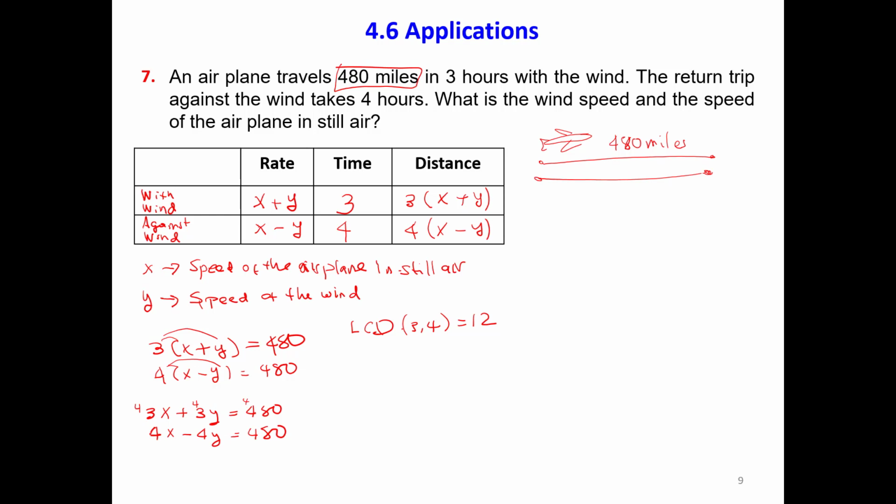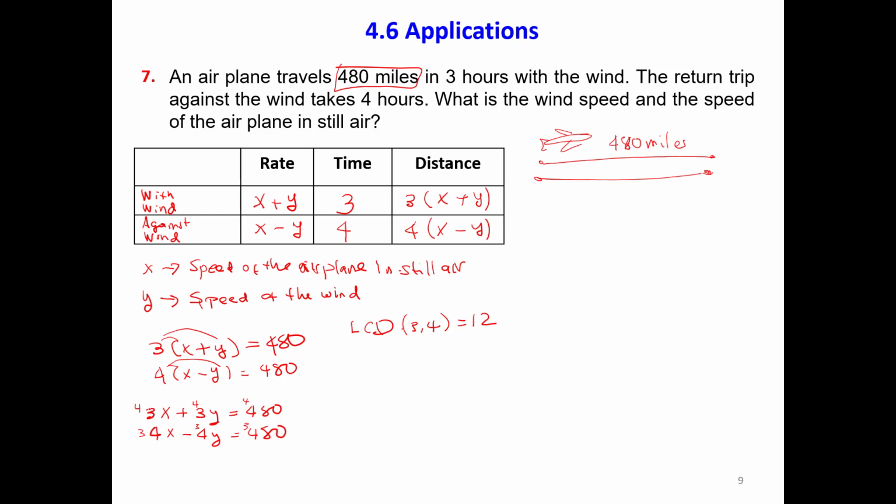To get 12, we need to multiply the second equation by 3. We don't need to multiply by a negative number because we already have opposite signs here. Let's go ahead and multiply each term of the first equation.